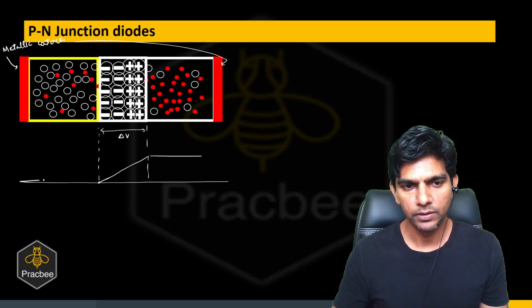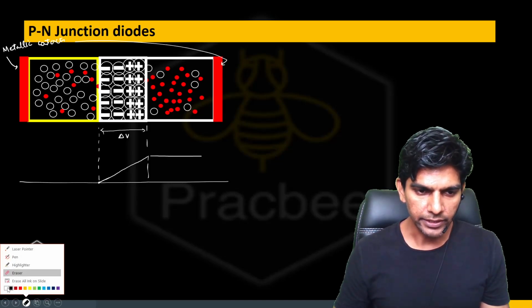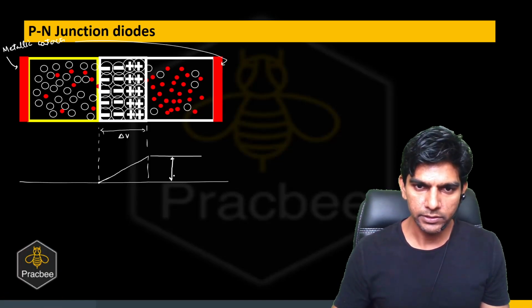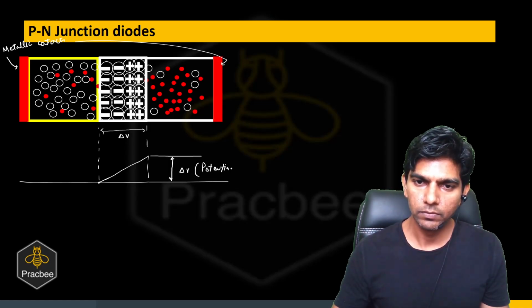Let us say like this. Now this height is delta V, and it is known as potential barrier.